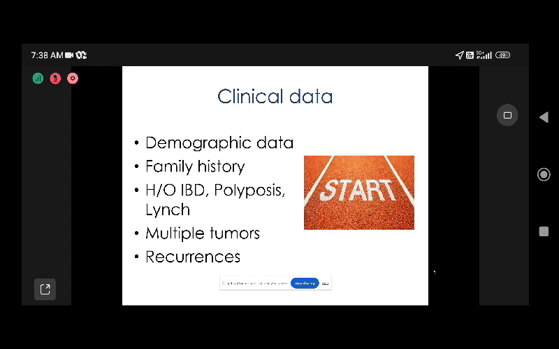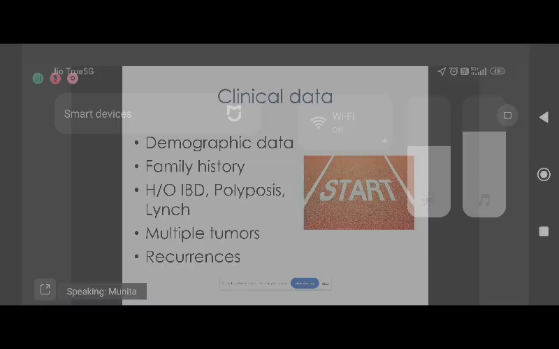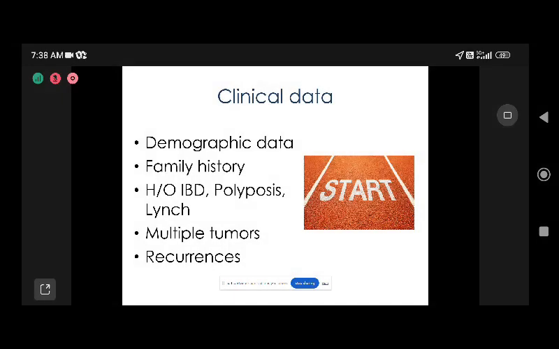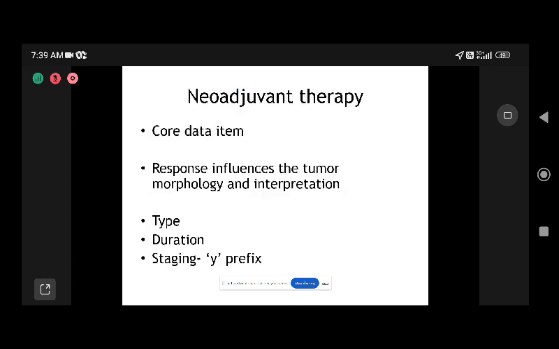The pathology evaluation is always in a clinical context, and we need the demographic data, the age of the patient, the gender, and the family history, if this is a patient having hereditary tumors, or there's any family history of cancer. If this malignancy or lesion is occurring in the setting of Lynch syndrome or a polyposis syndrome, or the patient has a history of ulcerative colitis or any inflammatory bowel disease, or the patient has multiple polyps, or there is more than one tumor, those also need to be evaluated, and also whether this is occurring in a recurrent setting.